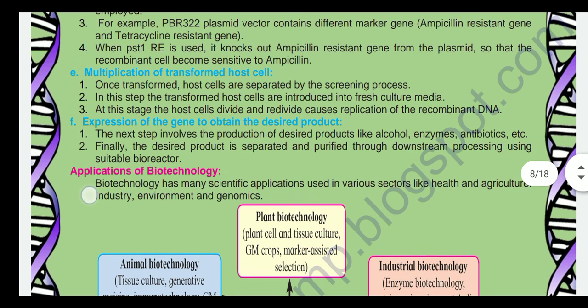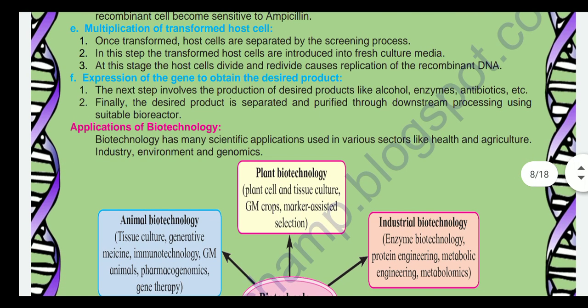For example, the pBR322 plasmid vector contains different marker genes, the ampicillin resistant gene and the tetracycline resistant gene. When PstI, the enzyme which is used, knocks out the ampicillin resistant gene from the plasmid, the recombinant cell becomes sensitive to ampicillin, and that is one of the indications that the transformation has taken place successfully for the particular gene.